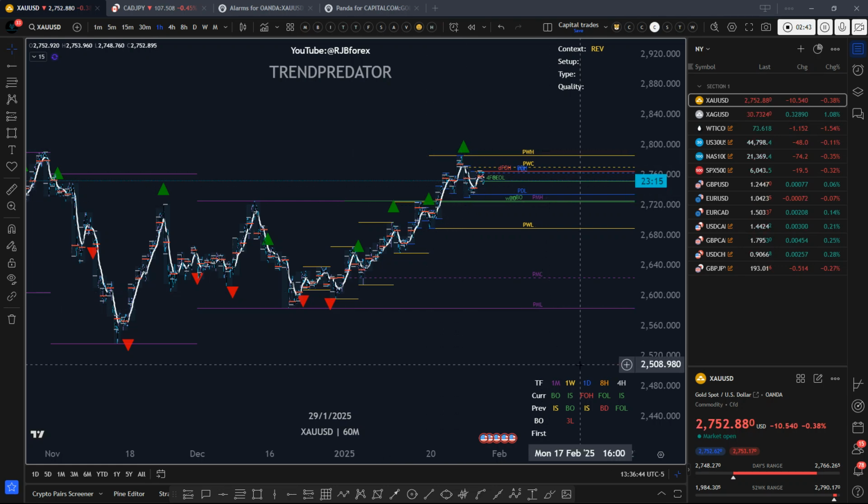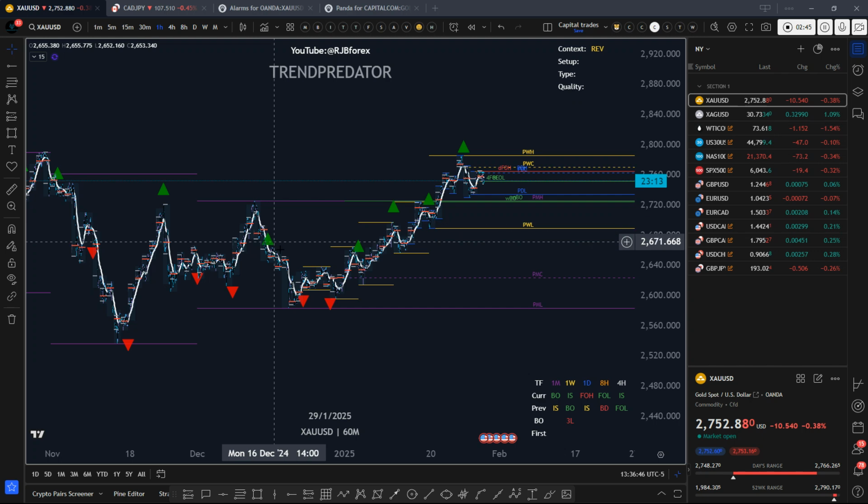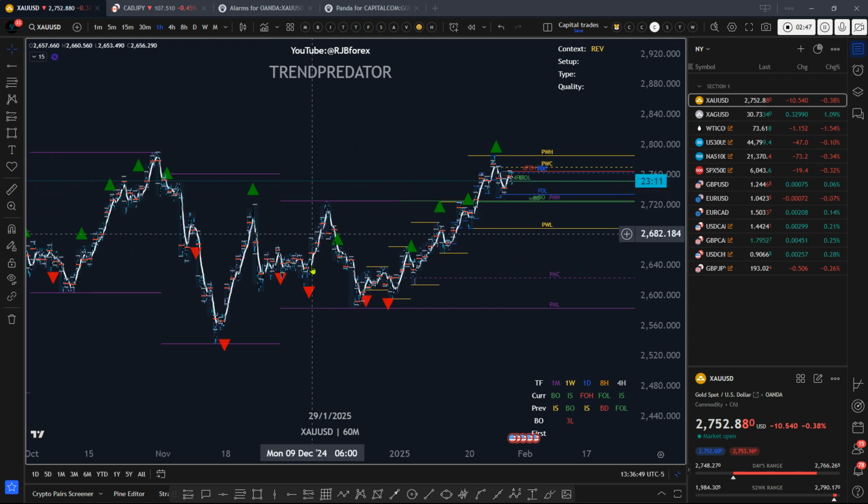Okay, the previous month was inside of that, so this month is broken out. The previous month was inside of the previous month. Okay, the previous month pulled back inside of the month before that, the month of October. So that's bullish.